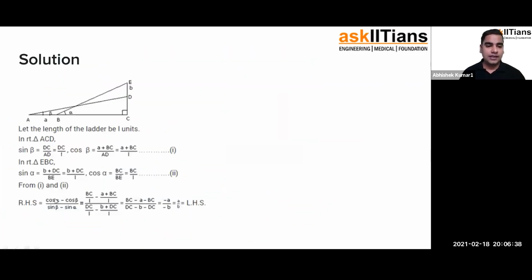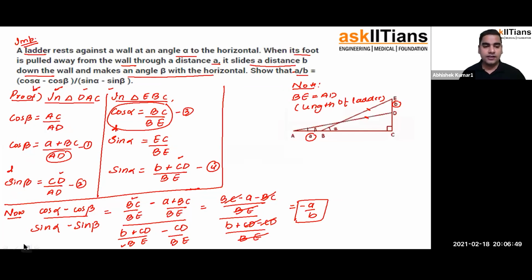You can see here you have cos alpha minus cos beta divided by sine beta minus sine alpha. So the order is different. So that's what we got here. Just for your clarity, guys, do not get confused. Cos alpha minus cos beta upon sine alpha minus sine beta is equal to minus of A by B. If you multiply the minus sign on both sides, you can write it as cos beta minus cos alpha over sin alpha minus sin beta equal to A by B. That is exactly the same thing.